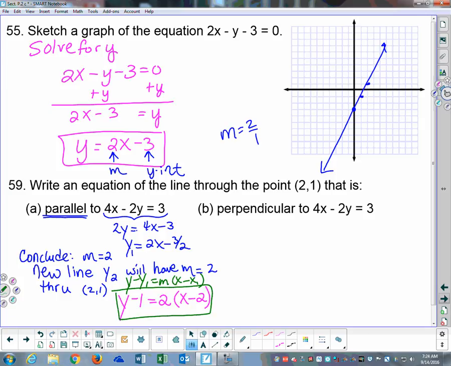Now, part B says let's make it perpendicular. Well, we already did a little bit of work. We know our original equation, stealing it from over on the left, was y1 equals 2x minus 3 halves. That indicated then that it had a slope of 2. Our new equation is perpendicular to y1.